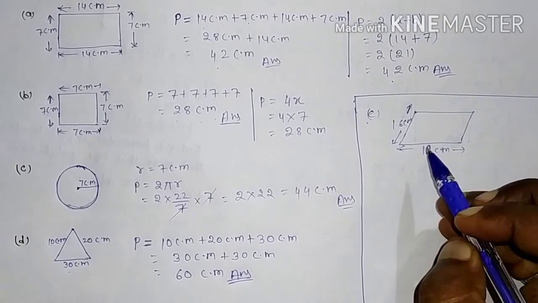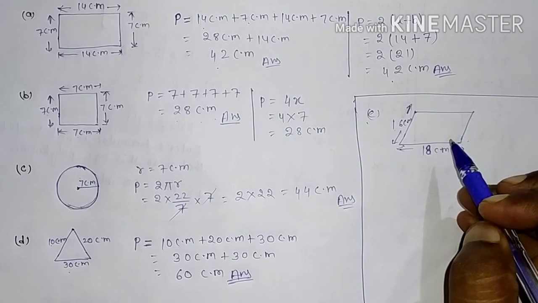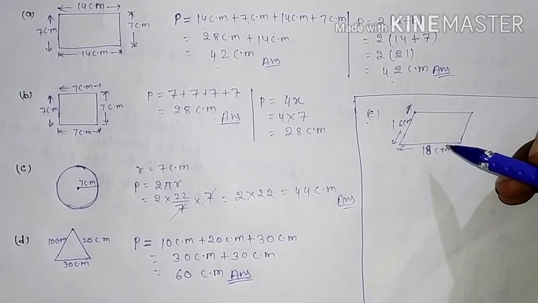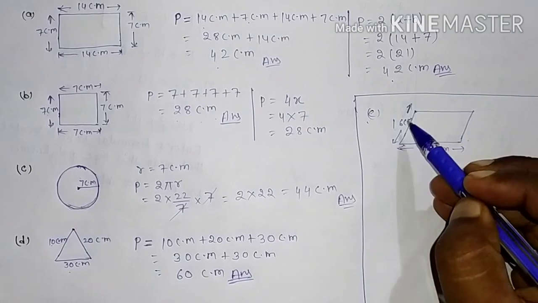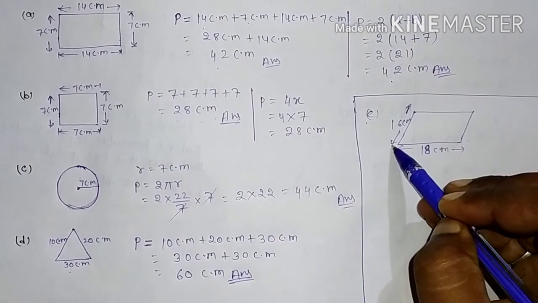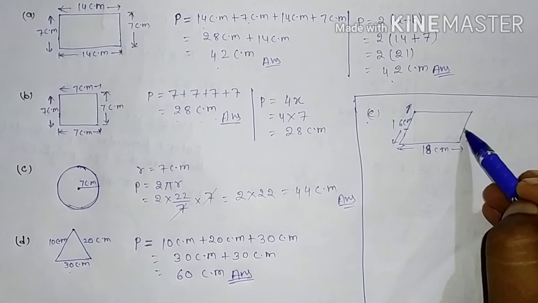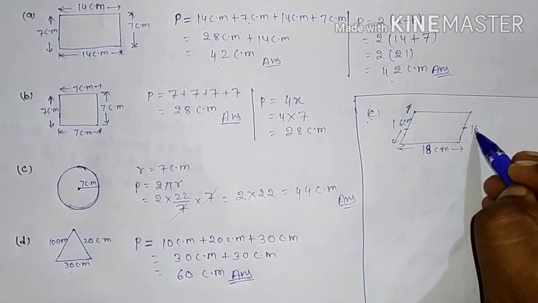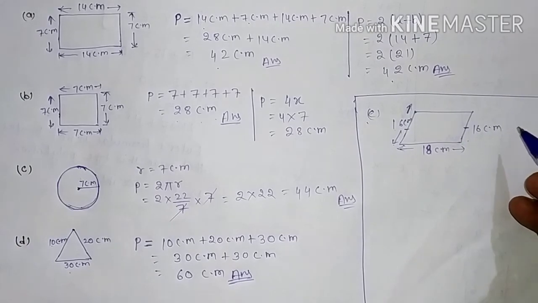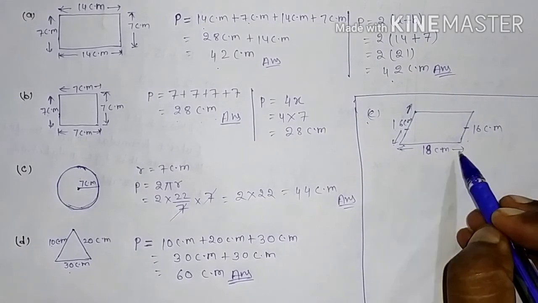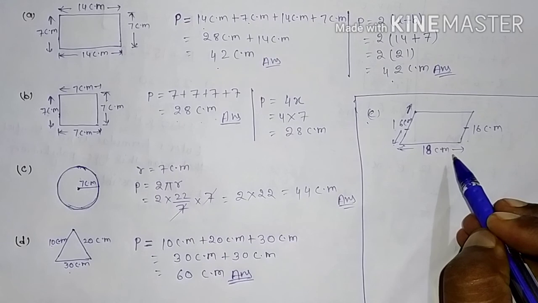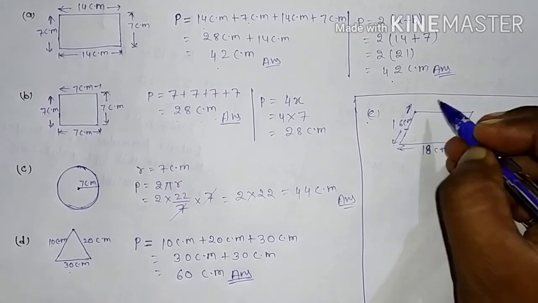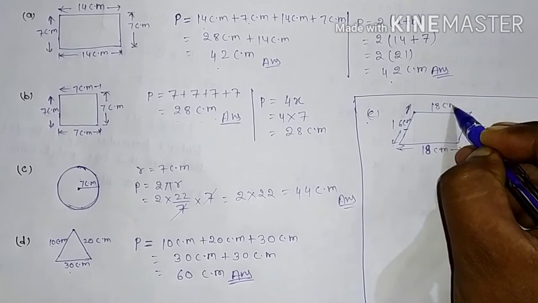Now here we have to find the perimeter. So we know that in a parallelogram opposite sides are equal. So this side is equal to this side because these are opposite sides, so it will also be 16 centimeter. Now this is 18 centimeter, so the opposite side is also the same. So it will also be 18 centimeter.